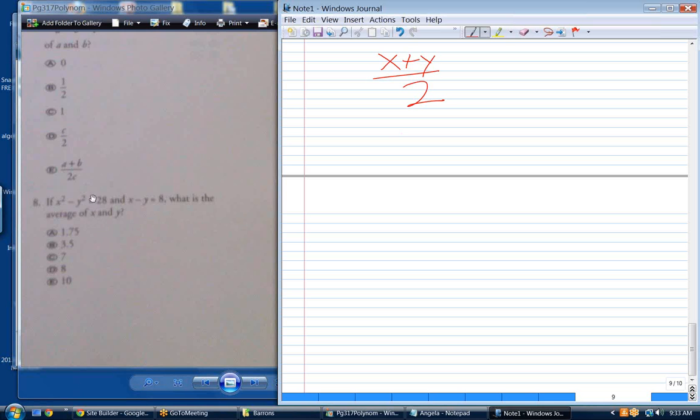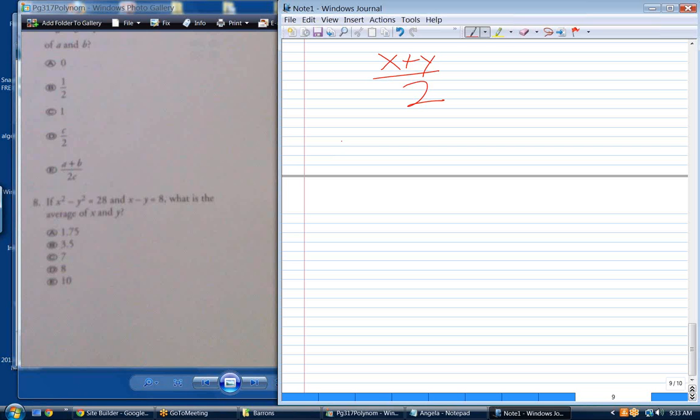So what can we do here? When you see difference of squares, it's almost always that you have to go ahead and factor that. Especially when they give you one of the factors in the very next part of the sentence.